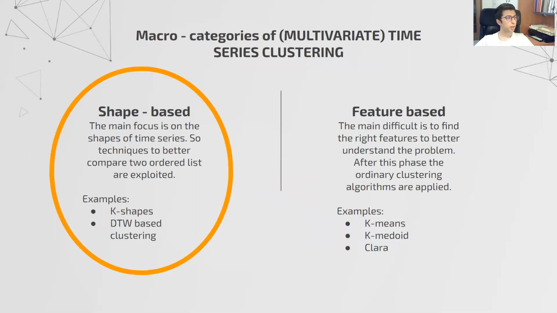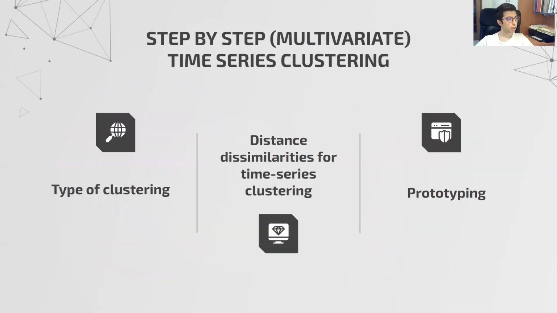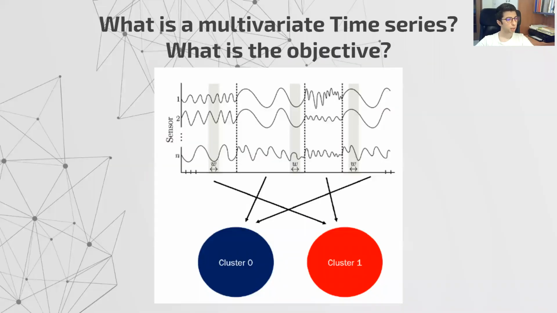Okay, so we want to use a shape-based approach. What does it mean? It means that we want to focus not on the different features that we can evaluate starting from the shapes, but we want to consider the shapes themselves. To make one example, we can do a simple example with this graph. Let's consider the first window, and in particular the first signal.